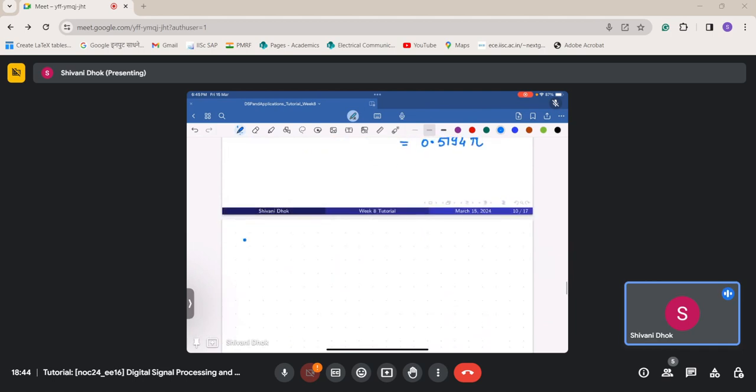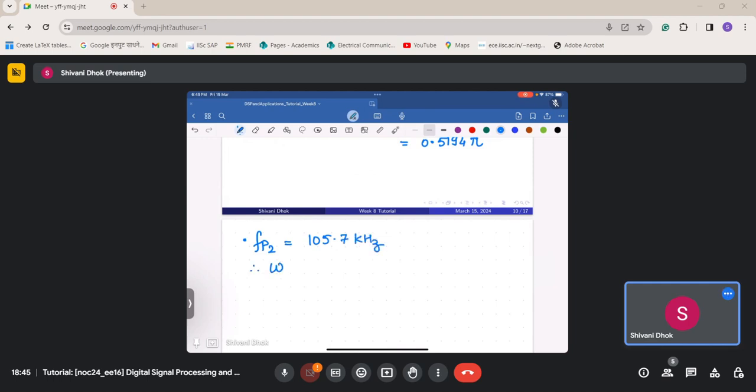Another thing that we have is FP2, which is equal to 105.7 kilohertz.